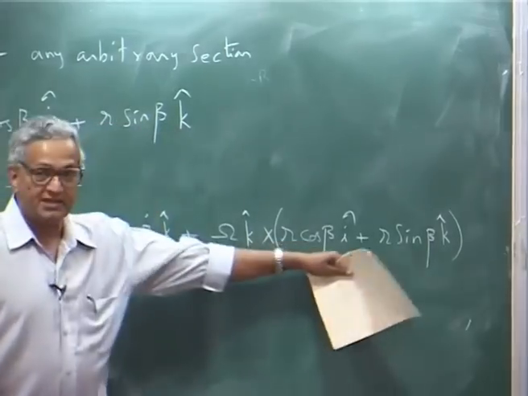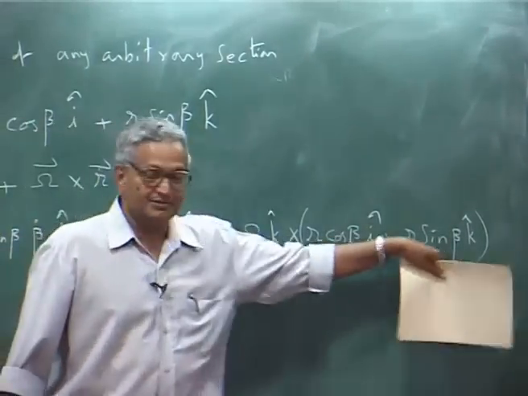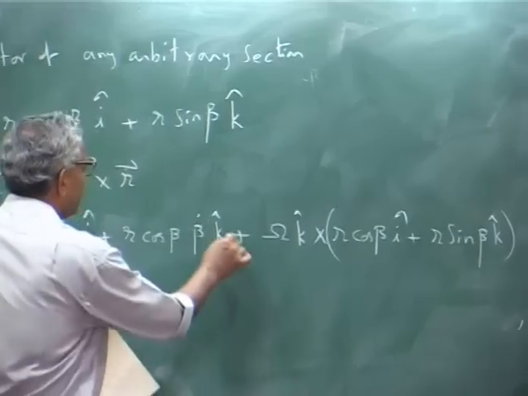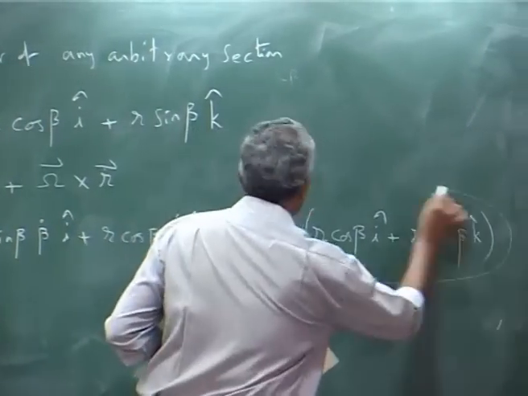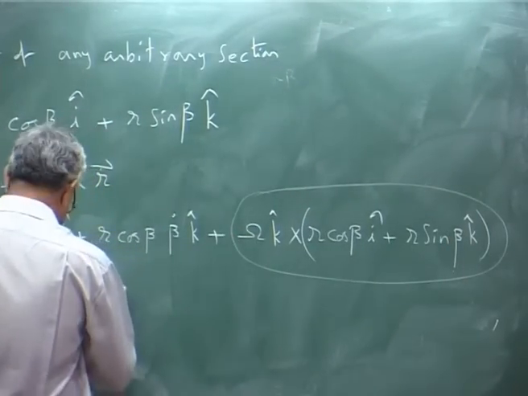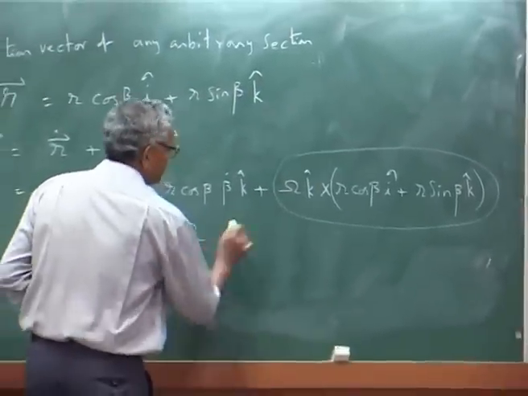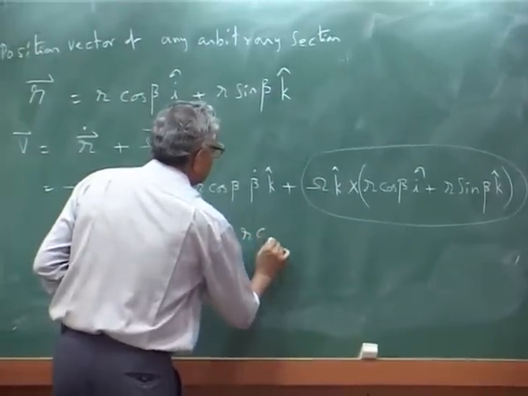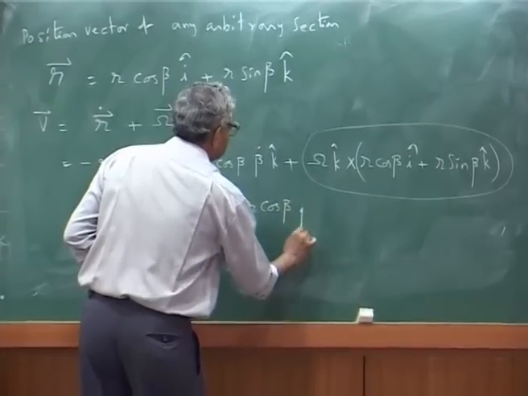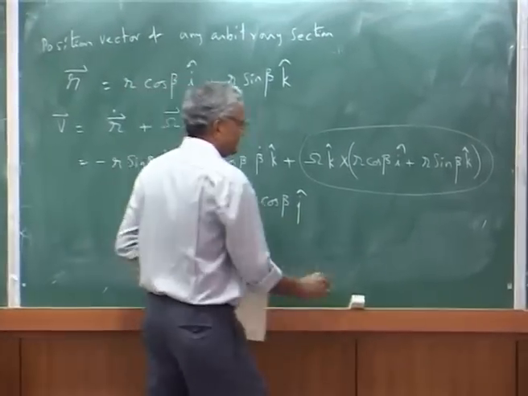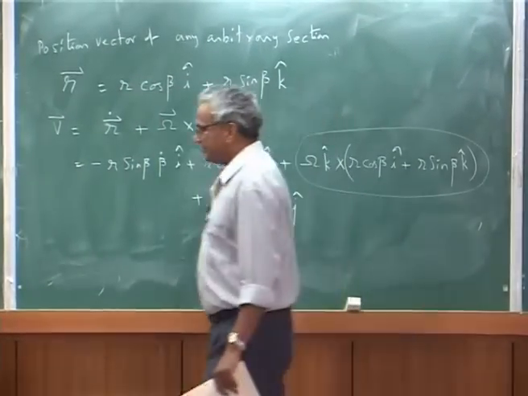You know k cross I is j, so that other term will drop out. So this can be replaced as plus omega r cosine beta j. This is my velocity.